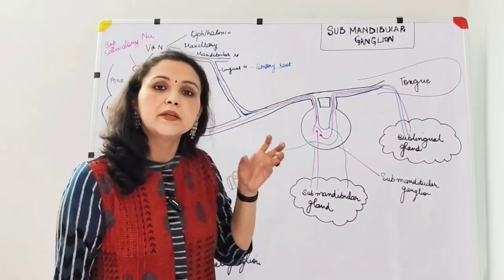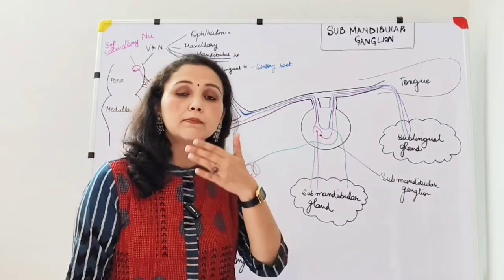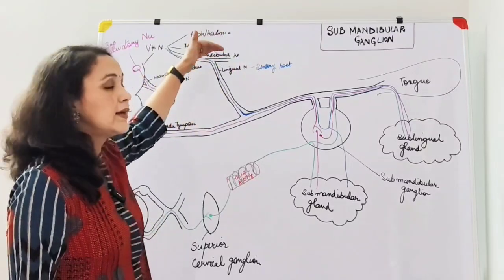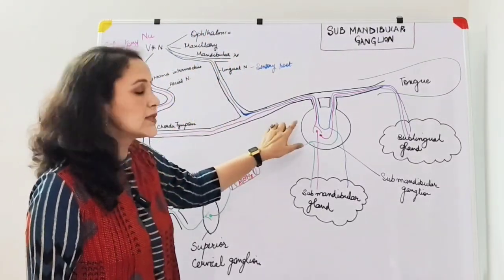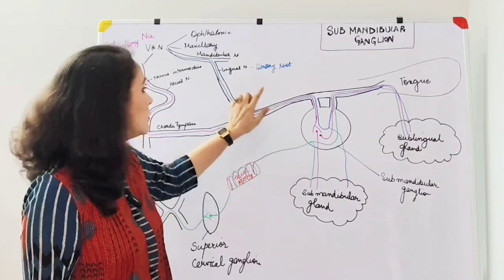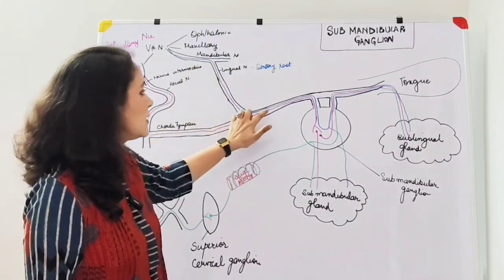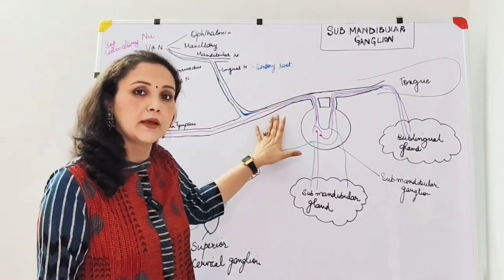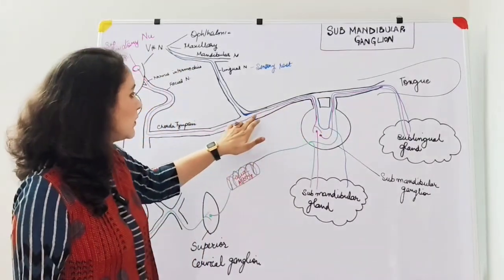The trigeminal nerve, or the fifth cranial nerve, is the main sensory supply to your complete head and neck area, right? So we have to find out the branches of the trigeminal nerve. The one that is related to the submandibular ganglion is the lingual nerve, which is a branch of the mandibular nerve. So this lingual nerve is carrying the sensations from the submandibular and the sublingual gland. The sensations will go through the lingual nerve.